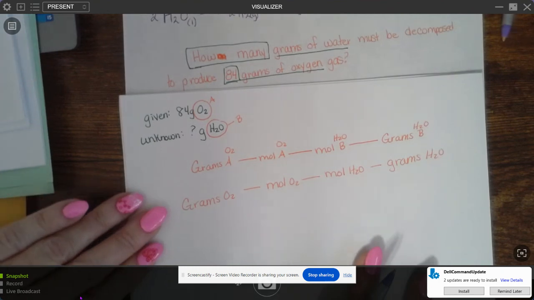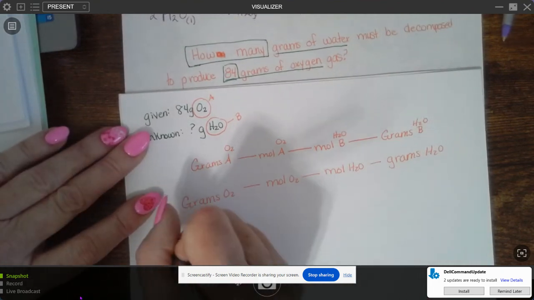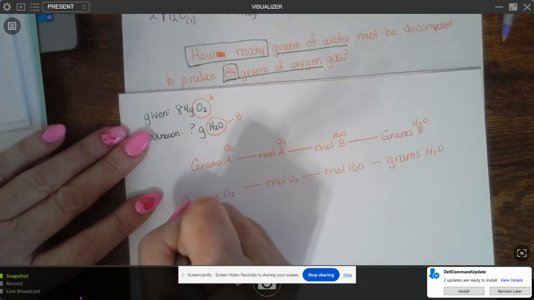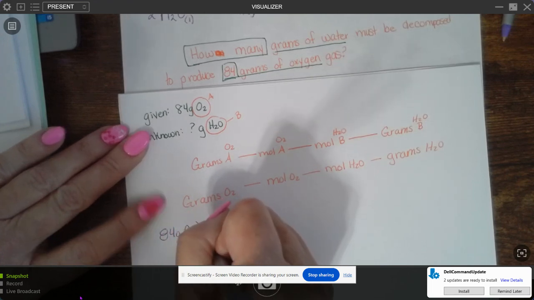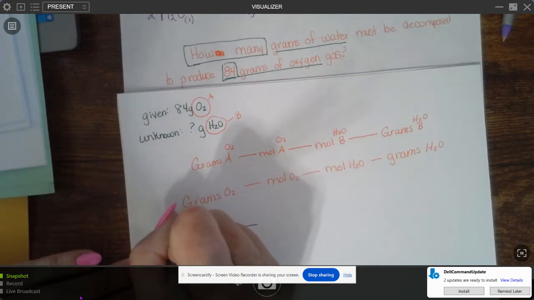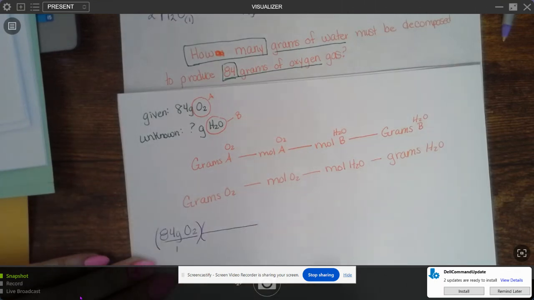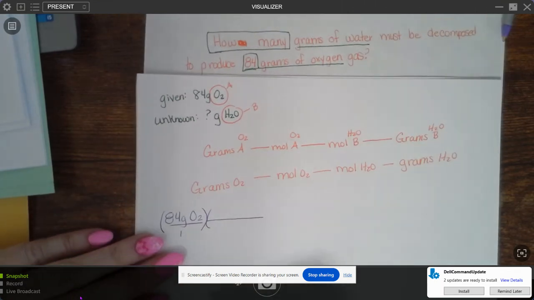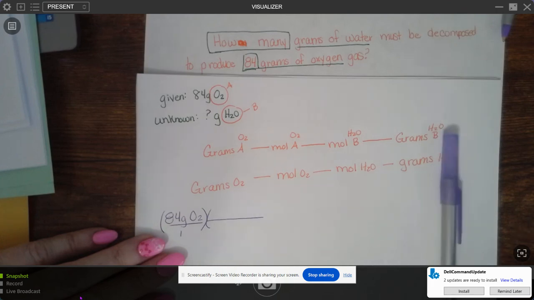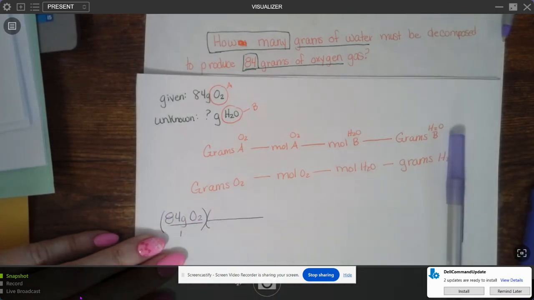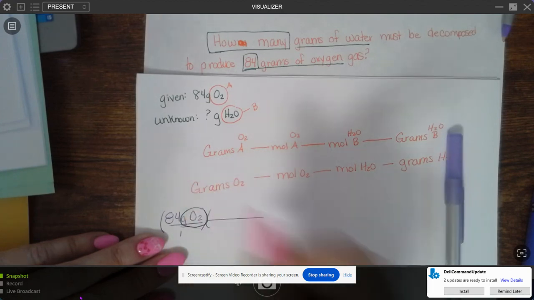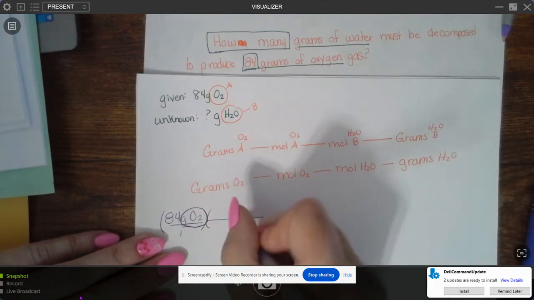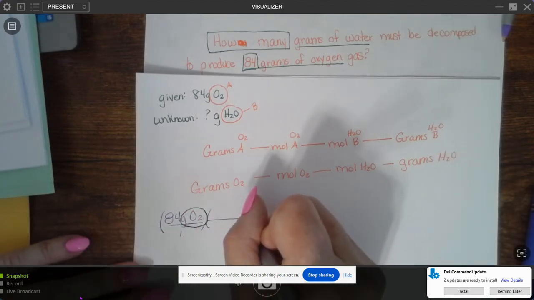So I'm going to start with my given, 84 grams of oxygen, over 1. Whatever my units are, here grams of O2, those units are going to come down and be in the bottom of my conversion factor.